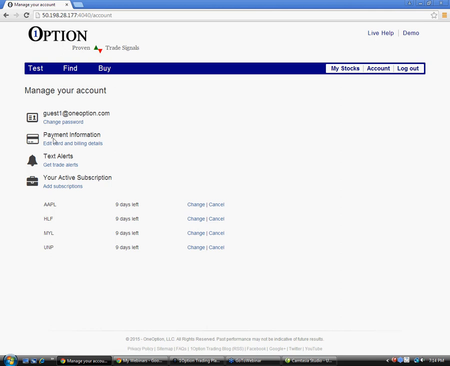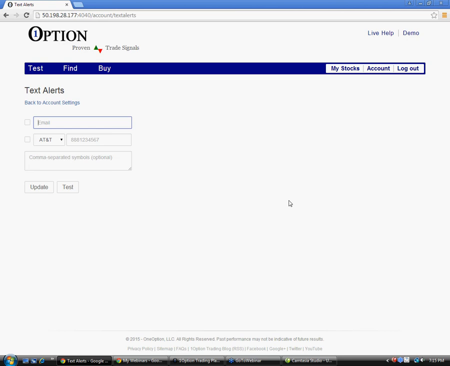In this area, you'll also be able to, as normal, change your login information, your credit card information. You'll be able to set your text and email alerts. And for those of you who have all of the symbols currently, you know that it's kind of a pain to get emails where you've got maybe 20 or 30 or 40 different symbols where we're entering a new long position and we're entering short positions with probably the same number of symbols.